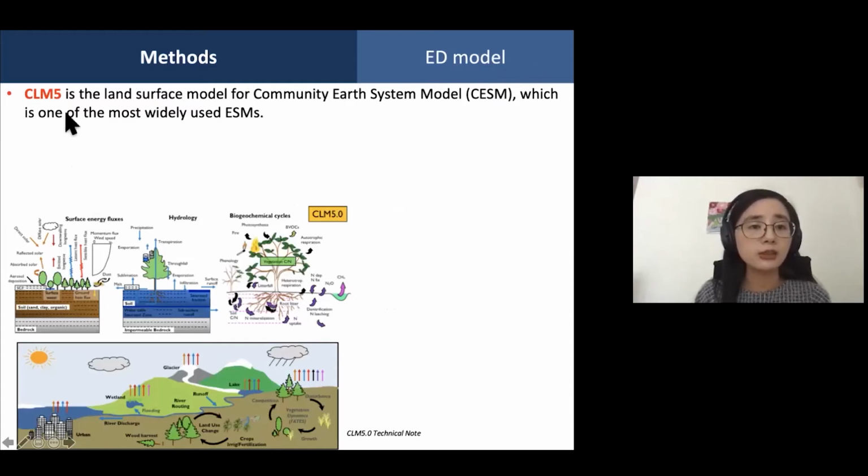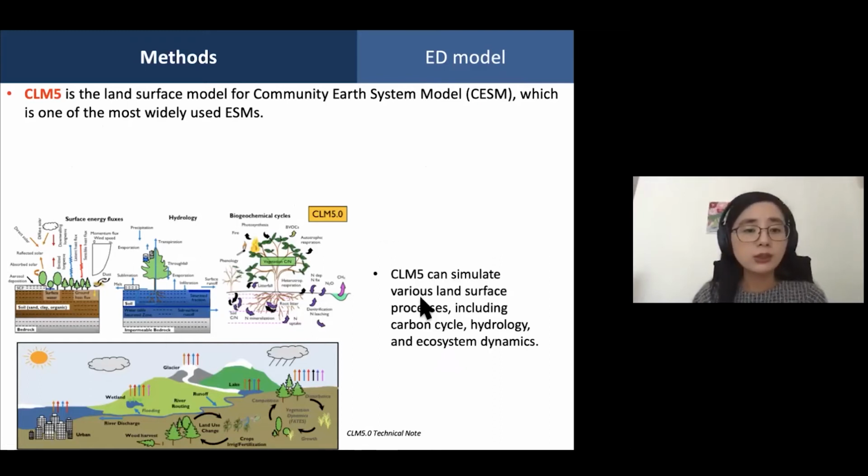In this study, we are concerned about the ED model, and the particular one I'm using here is called CLM5, which is the land surface model for the Community Earth System Model, CESM. Here is a figure from the CLM5 technical note showing the processes that are simulated by the model. We can see CLM5 can simulate many land surface processes, including the carbon cycle, the hydrology, the surface energy budget, and also the ecosystem dynamics.